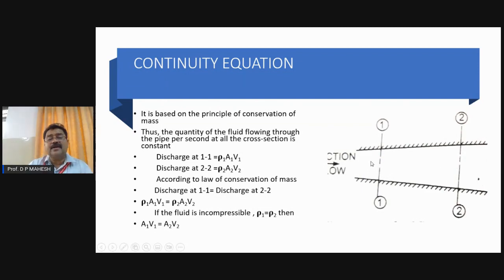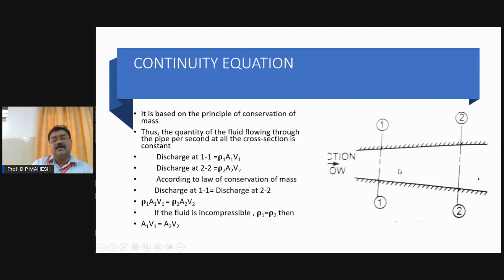Now, in order to calculate the discharge through any section, the discharge formula is always rho 1 into A1 into V1. Rho 1 means density, A means cross-sectional area, V means velocity of the flow through that section. That product gives the flow rate. Then the discharge at 1-1 equals rho 1 into A1 into V1, and the discharge at 2-2 equals rho 2 into A2 into V2, where rho 1 and rho 2 are the densities.